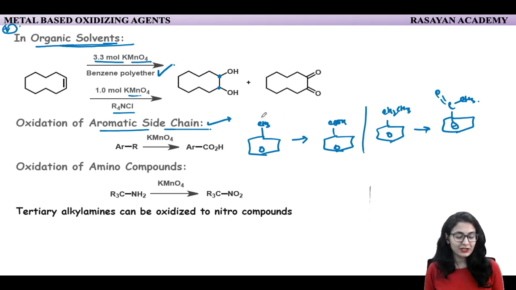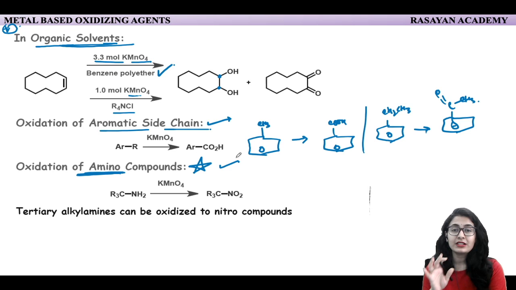Only the oxidation will take place for primary and secondary alkyl groups. Also, it oxidizes the amino compounds. This is very very important, क्योंकि हम बहुत बार ऐसे सर्च करते रहते हैं कि aromatic amine को या let's say aliphatic amine को भी कौन oxidize कर सकता है into nitro. So KMnO4 is the one who can do this job, amine to nitro conversion.